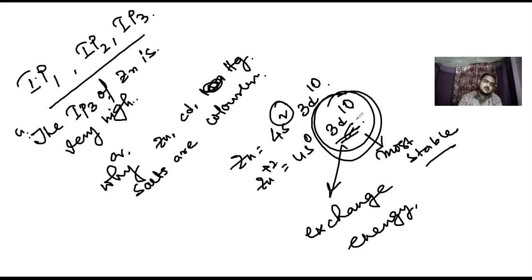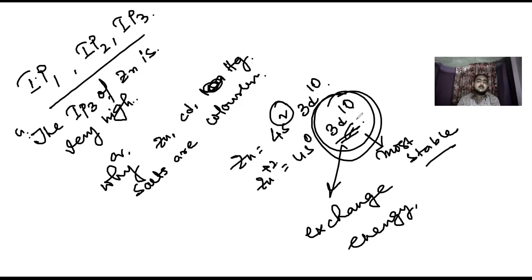So zinc, after losing two electrons, becomes more and more stable due to the d10 configuration, which is highly stable due to the exchange energy. It will not release any more electron because it would become unstable. That's why zinc +3 is not possible, and +2 is stable.